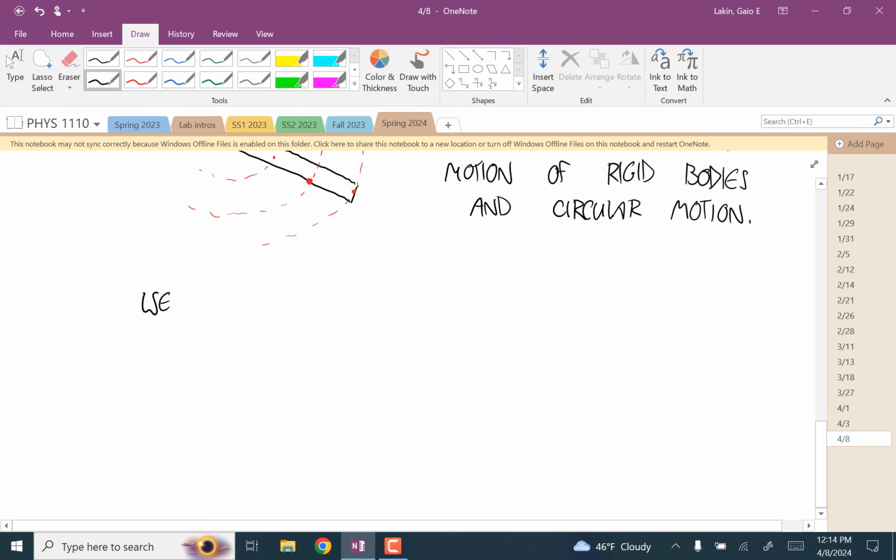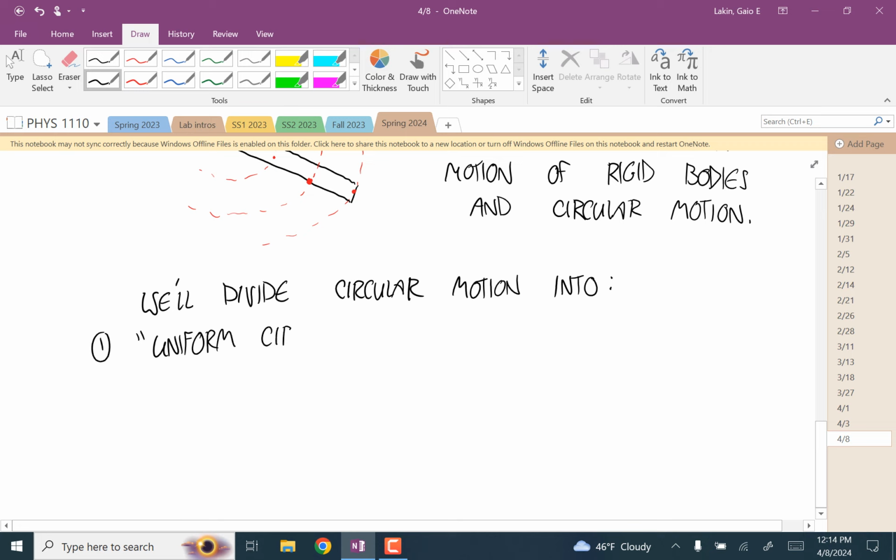We'll divide circular motion up into two different types. The first one is called uniform circular motion. Uniform circular motion is an object traveling around a circular path and the speed stays constant during the motion.